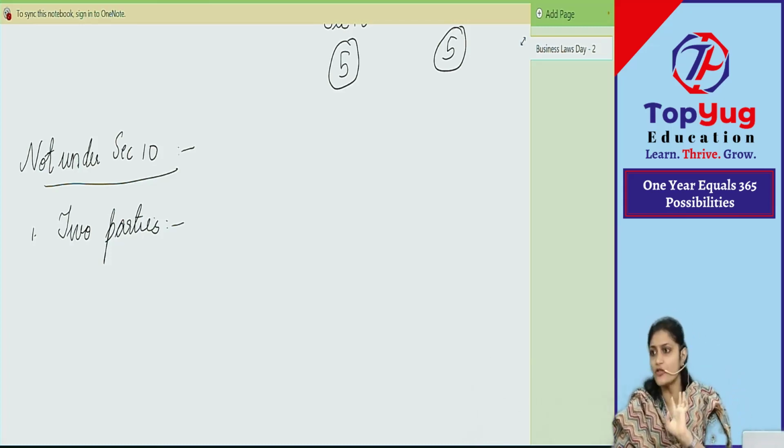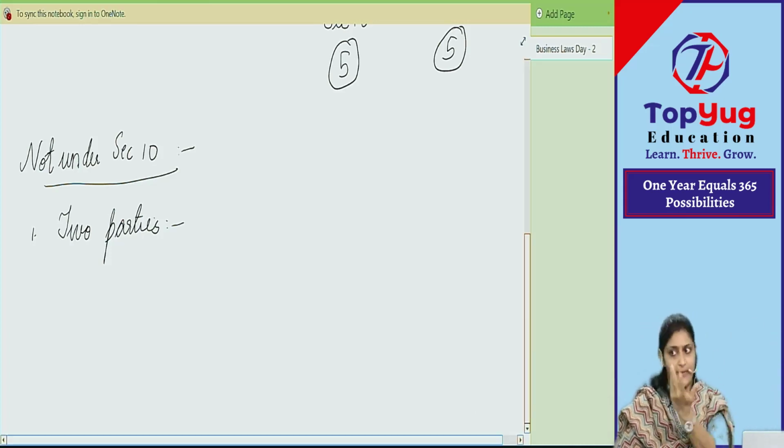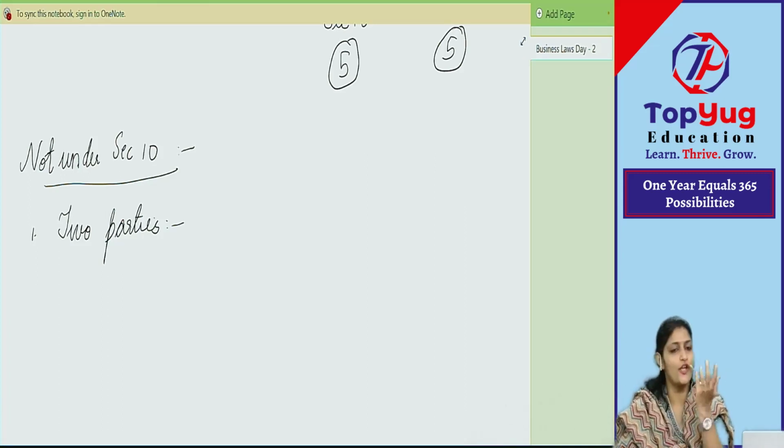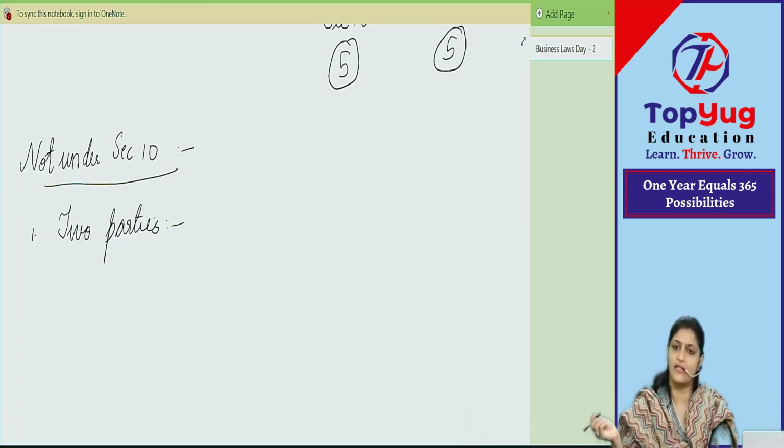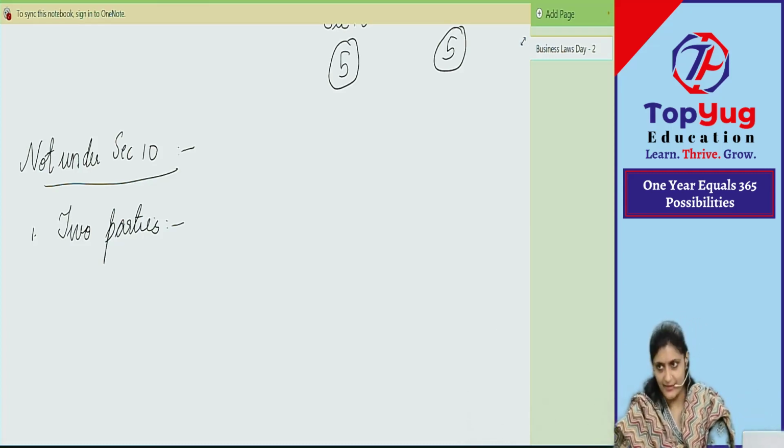There can be more parties also, 3, 4, 5, 6, many parties. But at least there has to be two parties for you to enter into a contract. If you say, I have this pen, I want to sell this pen to myself, then is it a contract? No, it is not a contract. It is an agreement with yourself. You have agreed something with yourself, but it is not a contract.